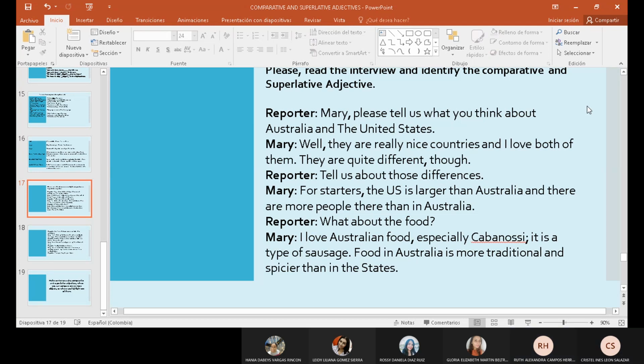For starters, the US is larger than Australia, and there are more people there than in Australia. What about the food? I love Australian food, especially cabanossi. It is a type of sausage. Food in Australia is more traditional and spicier than in the States.